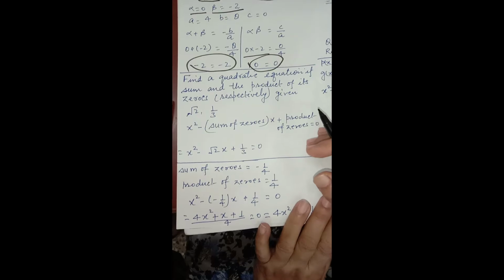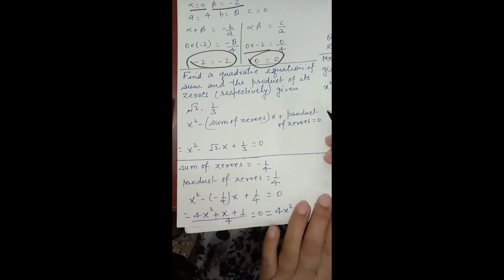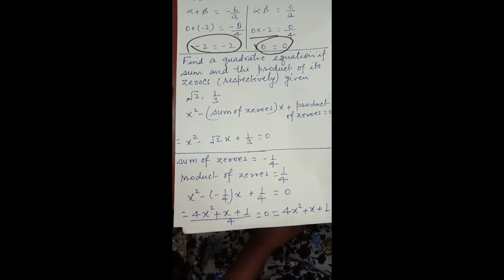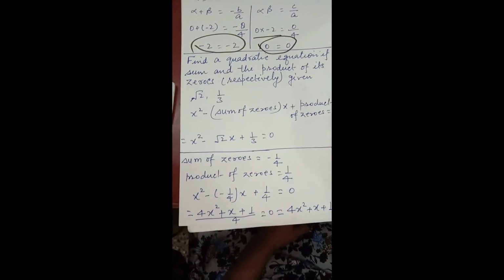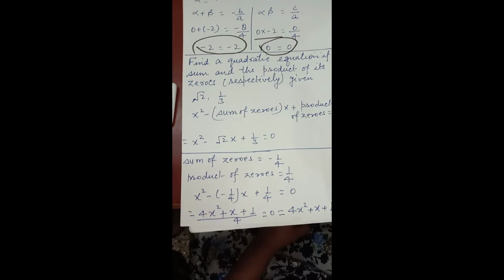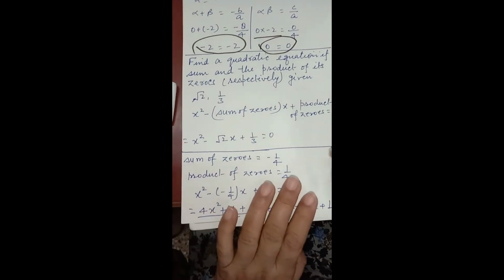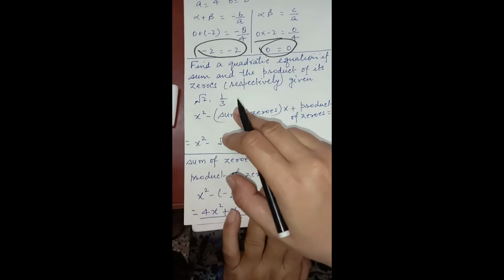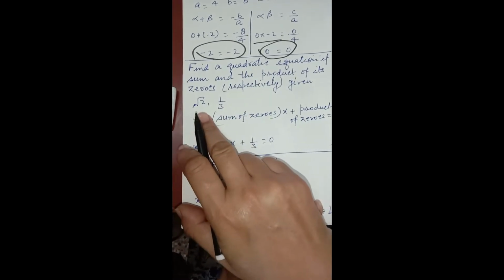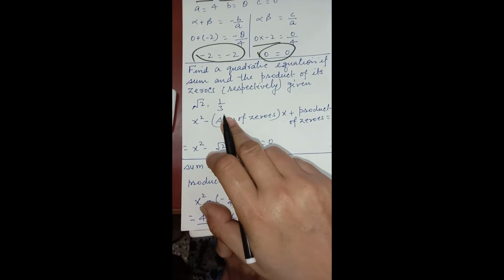Now the next topic is to find a quadratic equation if the sum and the product of its zeros are given. The first number is given as the sum of the zeros and the second number is given as the product of the zeros. So the first is root 2 and the second is 1 by 3. Root 2 is the sum of the zeros and 1 by 3 is the product of the zeros.